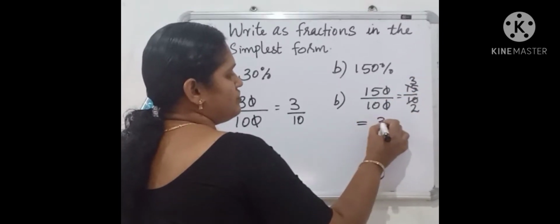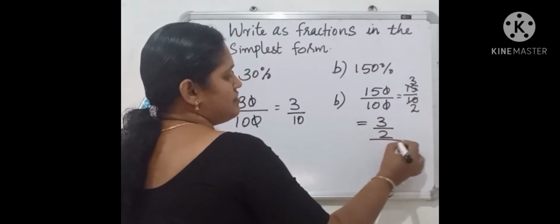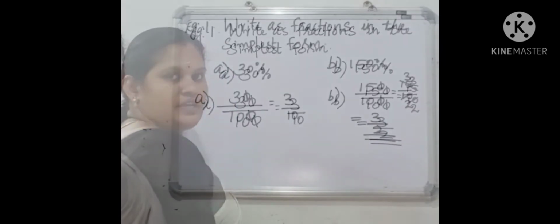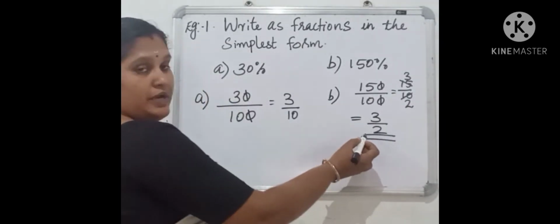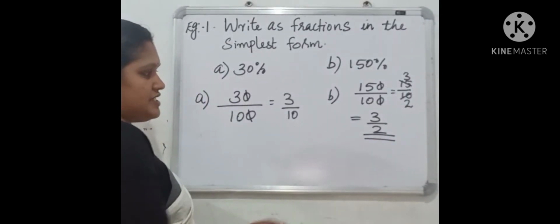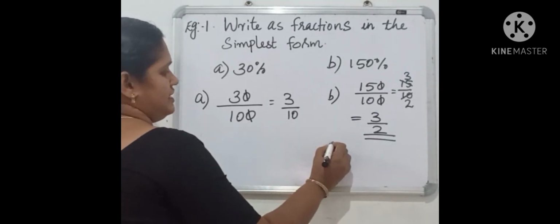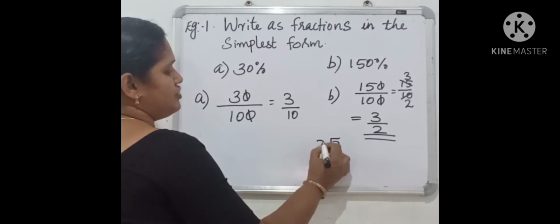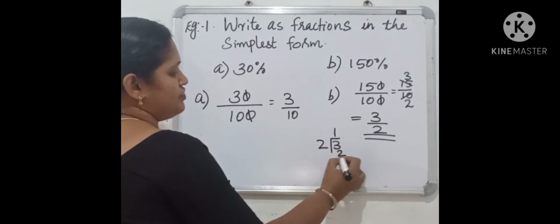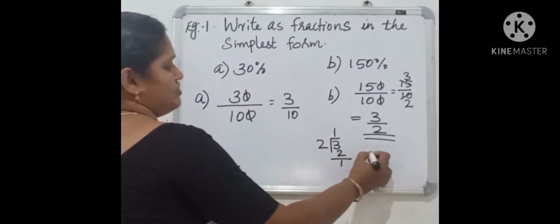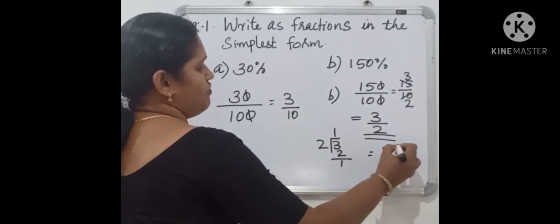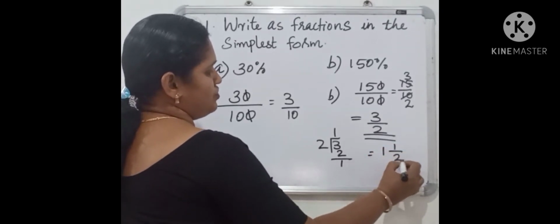So 3 by 2 is the simplest form. Okay. 3 by 2 is an improper fraction. We can convert this 3 by 2 into a mixed fraction. 3 divided by 2. 1 2 is 2. 1. So 1 1 by 2.